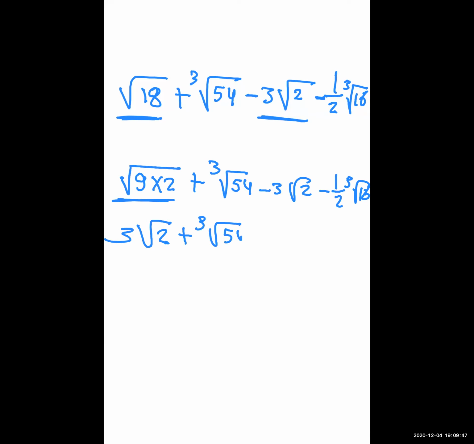I will keep the cubic root till the end. Minus 3 square root of 2 minus 1 over 2 cubic root of 16, like this.